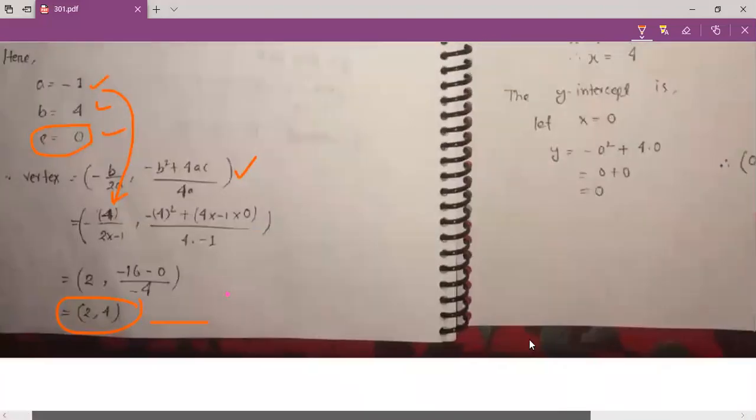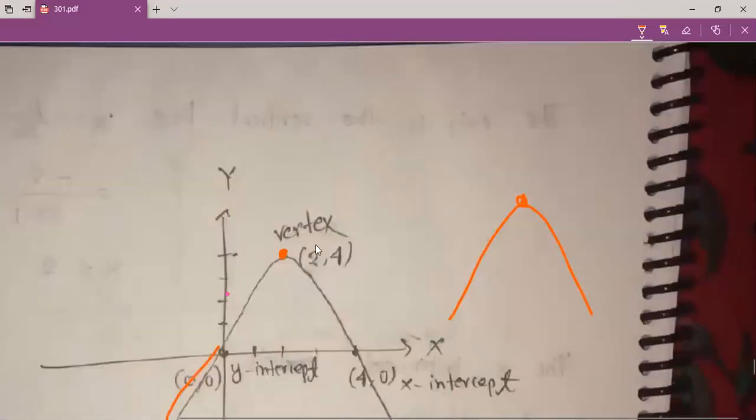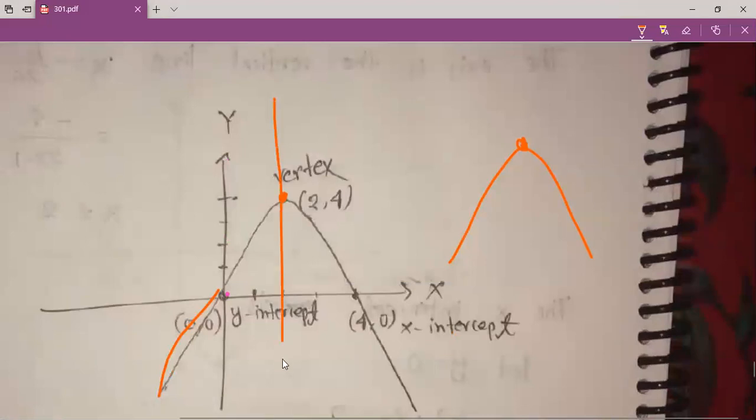Now let's find the axis. We know x will be minus b by 2a, and if we input all these values here, we get x is equal to 2. So this line is the axis, and the equation for this line is x equal to 2.